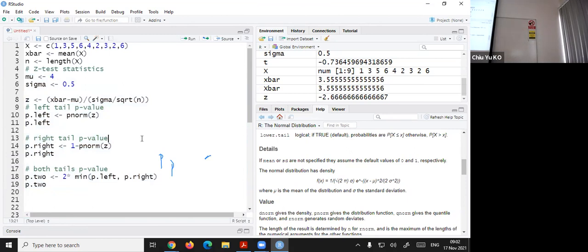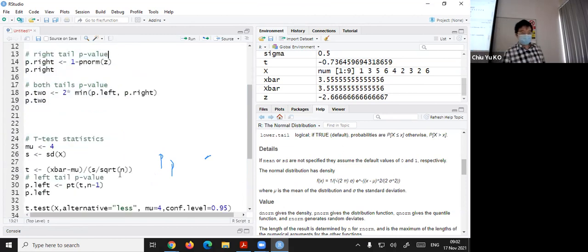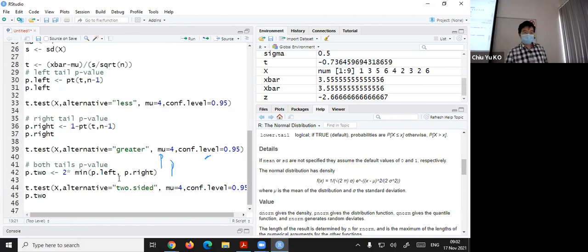Q is the inverse. The same thing, and the T will be the PT there, with n minus 1. And when you do less, it gives you the T test and also gives you the confidence interval. So that's very quick. Before we go to the two-sided test, any question?